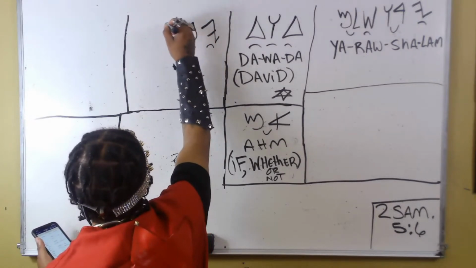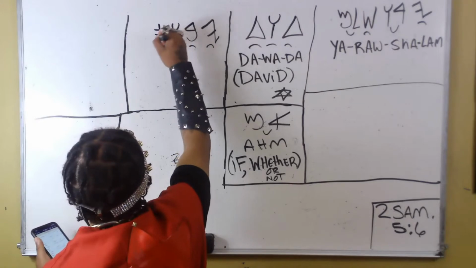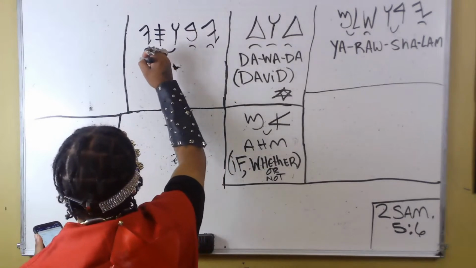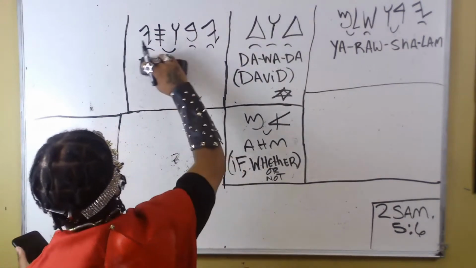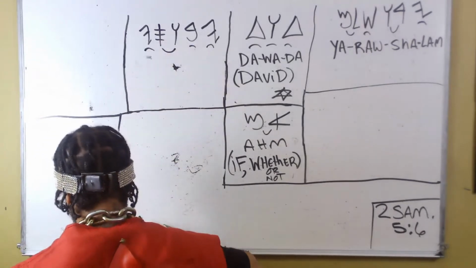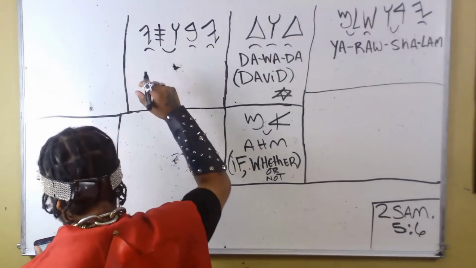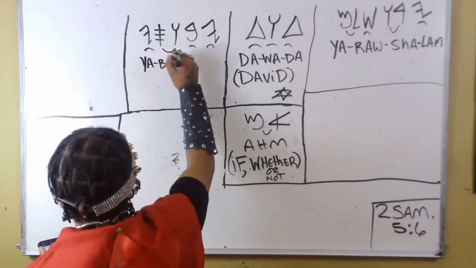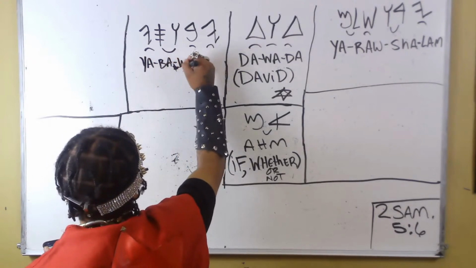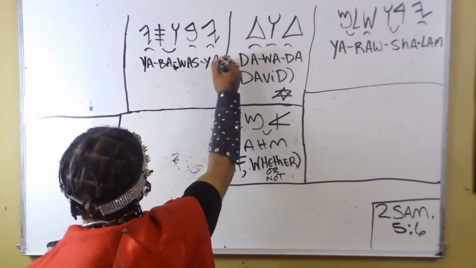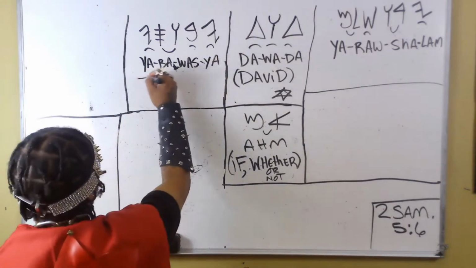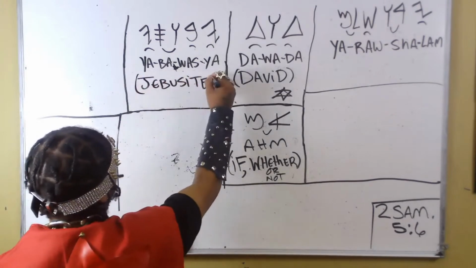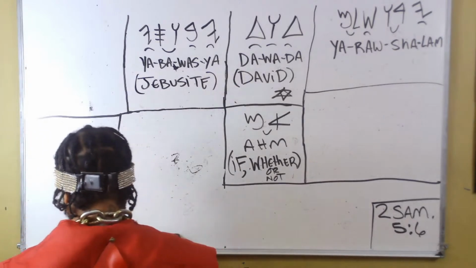Which is Jebu. Let me put how you pronounce it first. It's the word Jebusite. Ya, Ba, Was, Ya. All right? Jebusite. Which is the Africans. All right, tribe of the Africans.